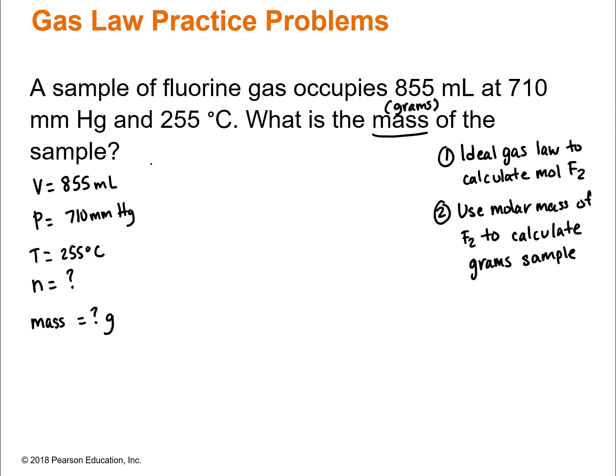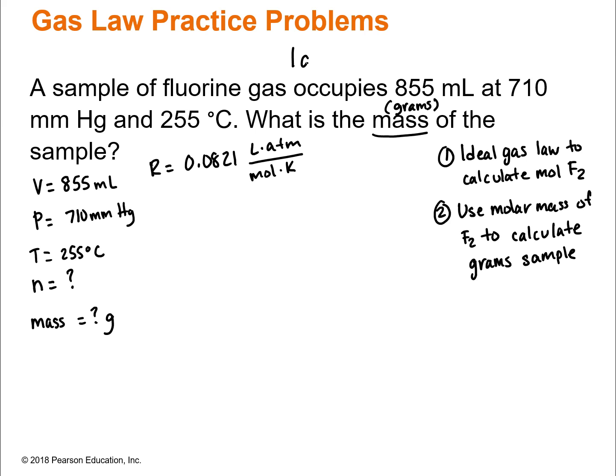So a few things. Remember that R value: our pressure has to be in atmospheres, and our volume has to be in liters. So we've got a couple of conversions to do. We'll start with the pressure.